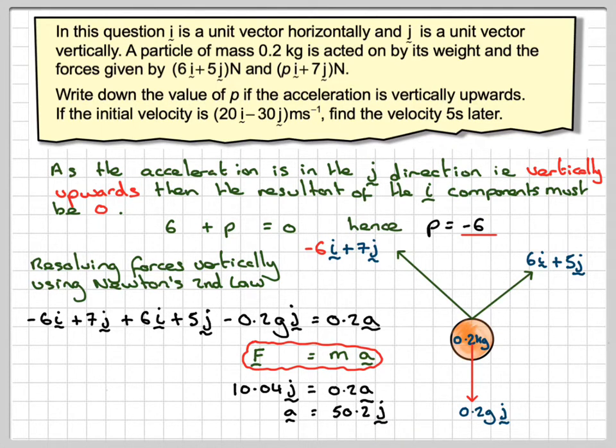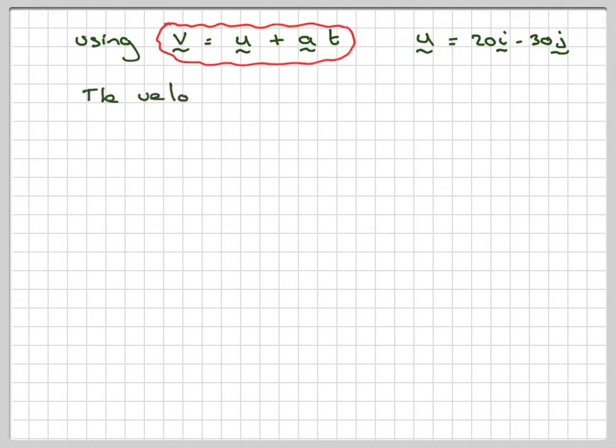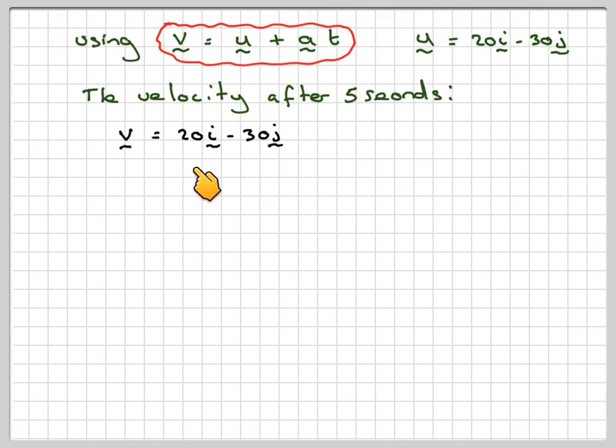Okay, so now using v is equal to u plus at, v, u, and a all vector quantities. u was given in the question as 20i minus 30j. Then the velocity after 5 seconds is going to be equal to v, which is the initial velocity, 20i minus 30j, plus the acceleration that we just calculated, which is 50.2j, times the time, which is 5.